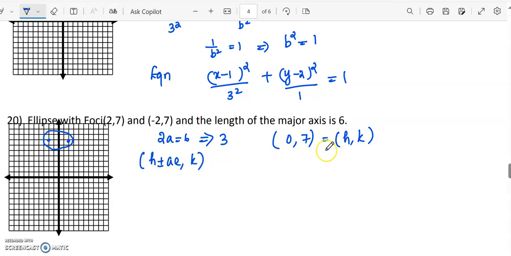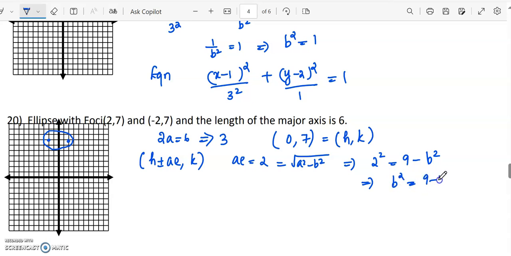So h will be equal to 0, so ae will be equal to 2. So that will be root of a square minus b square. So we will get 2 square equal to, a square will be 9, so 9 minus b square. So we will get b square equal to 9 minus 4, which is equal to 5.